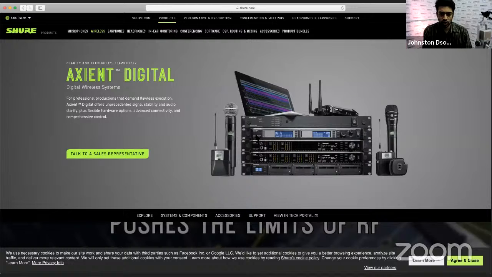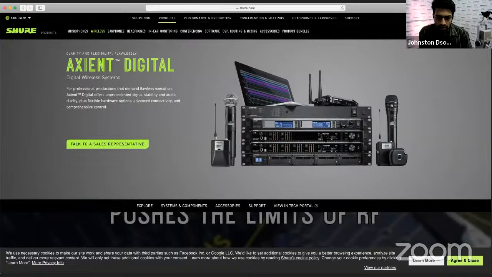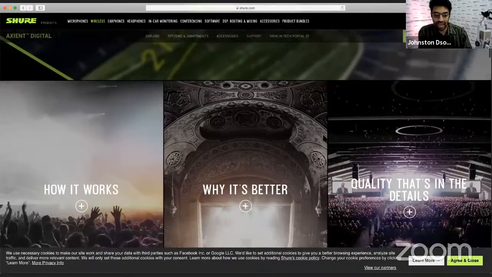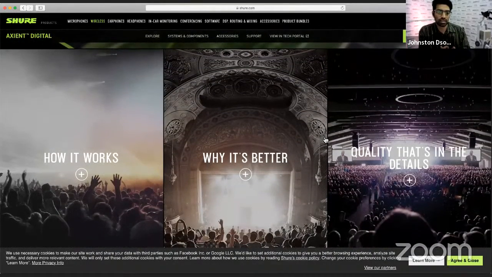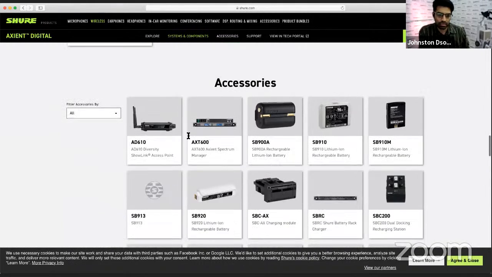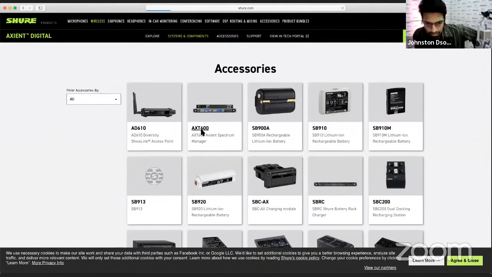So this thing I see on top, the AXT600, this device right on top, it's basically a server sort of a thing. If you have that with you, that itself is close to 3.5 lakhs. Here it is, the Spectrum Manager.